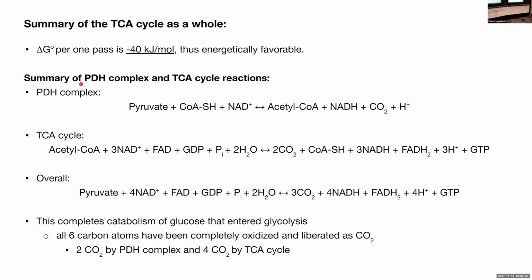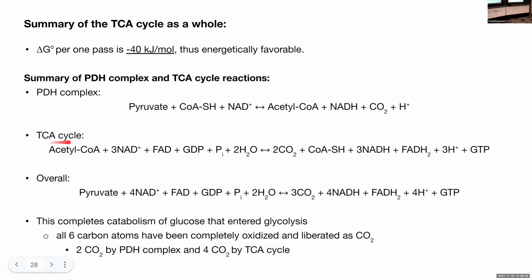The summary of the PDH complex is basically a reaction right here, where the pyruvate is used to make acetyl-CoA, and NAD+ is reduced to NADH by getting 2 electrons.